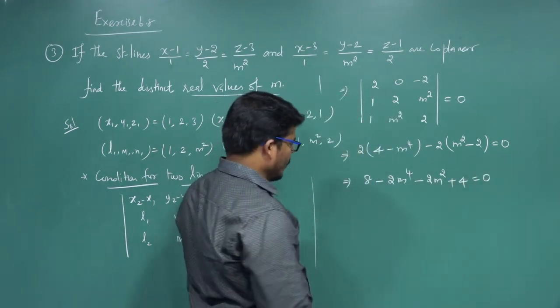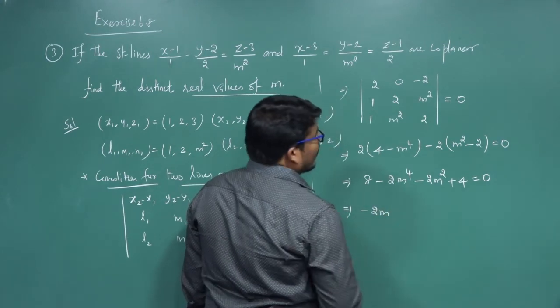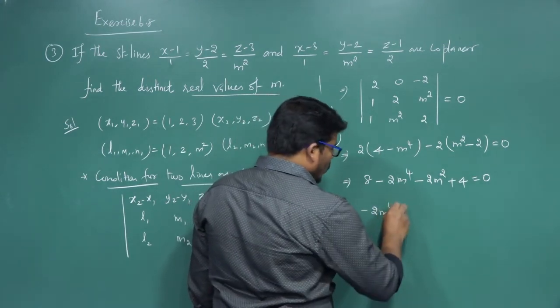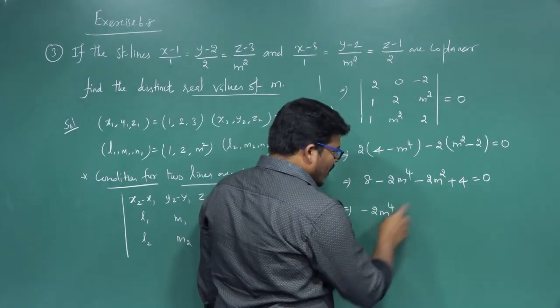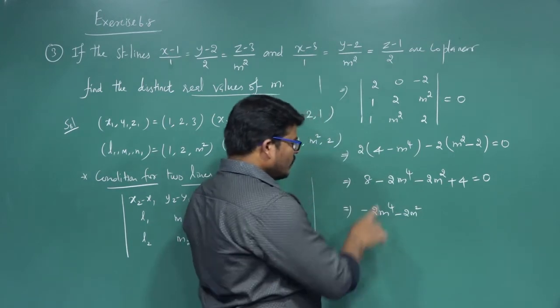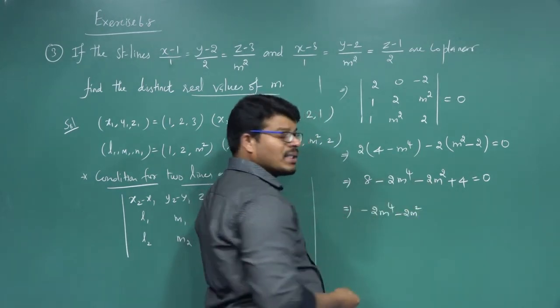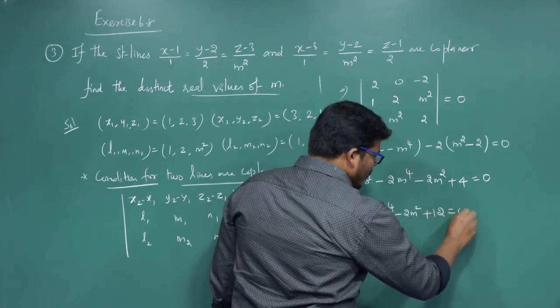That implies minus 2 m power 4, minus 2 m square, and 8 plus 4 is 12, so plus 12 equal to 0.